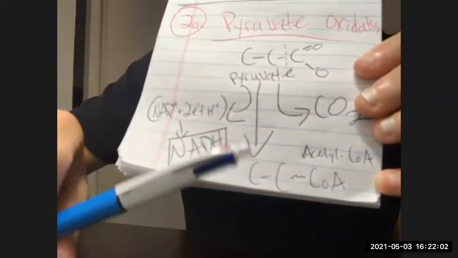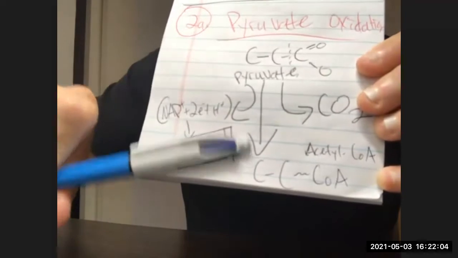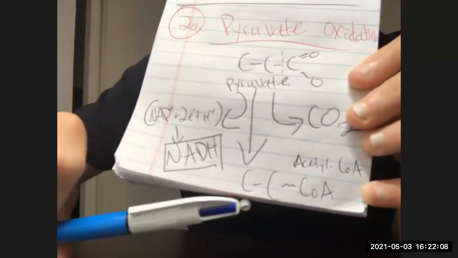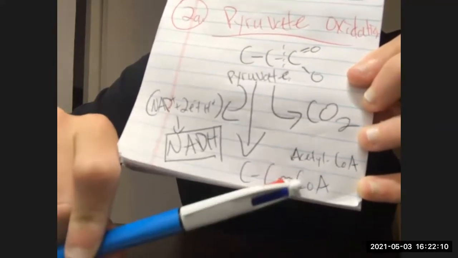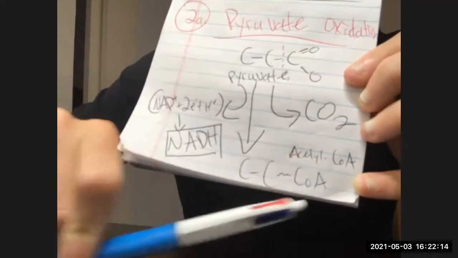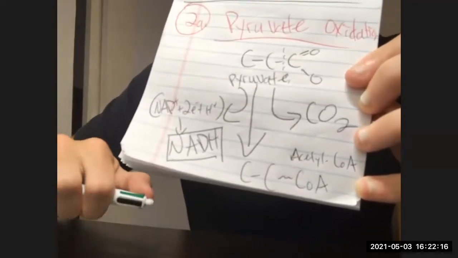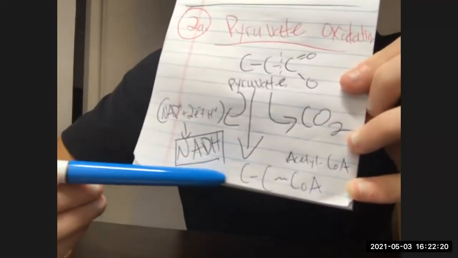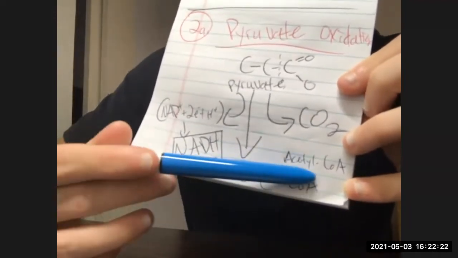So at the end of this process, pyruvate oxidation, you're going to get this 2-carbon molecule attached to this coenzyme, right, called acetyl-CoA. Now it's 2 carbons, right, because we lost one as CO2. So we end up with acetyl-CoA.